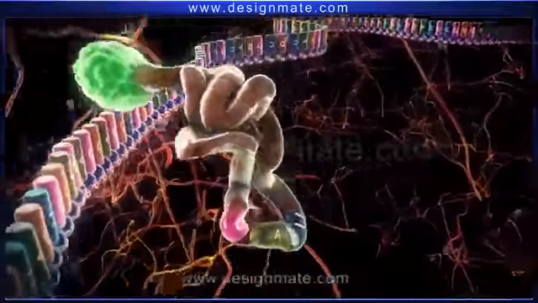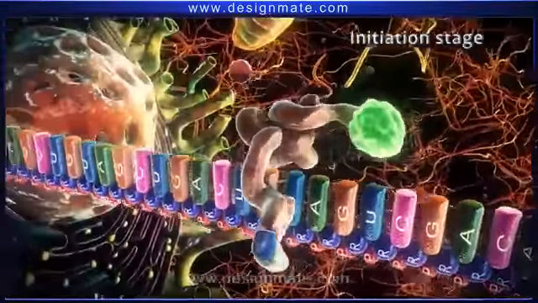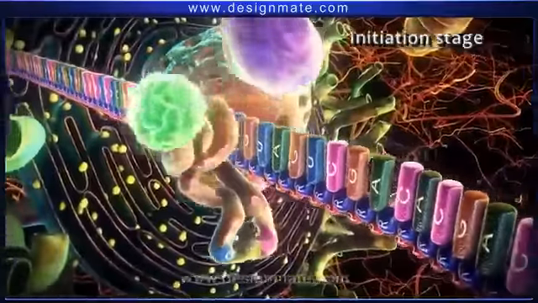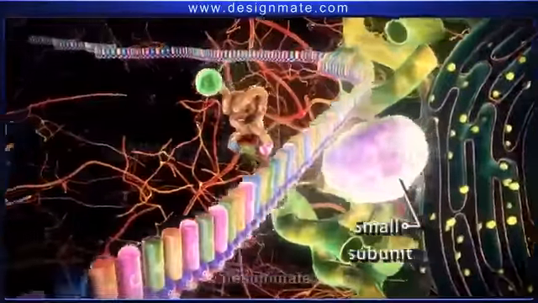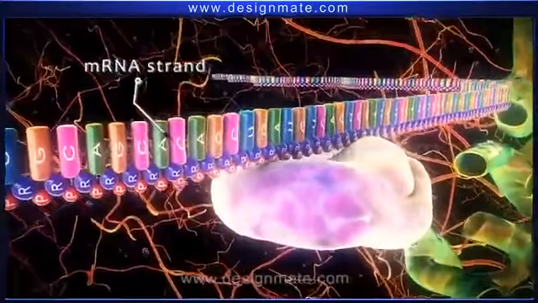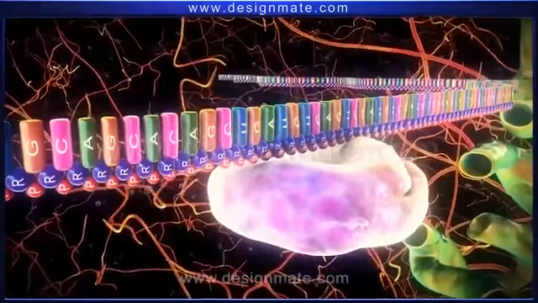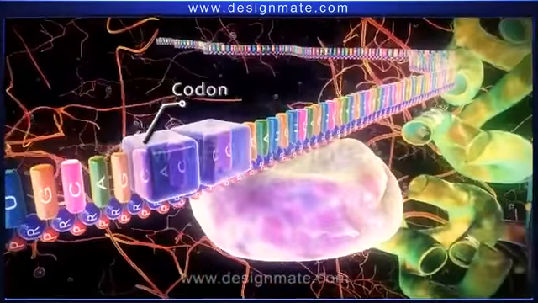This marks the commencement of the first stage of protein synthesis, the initiation stage. During the initiation stage, a small subunit of the ribosome binds to the mRNA strand. The mRNA strand is made up of codons, which are sequences of 3 bases.